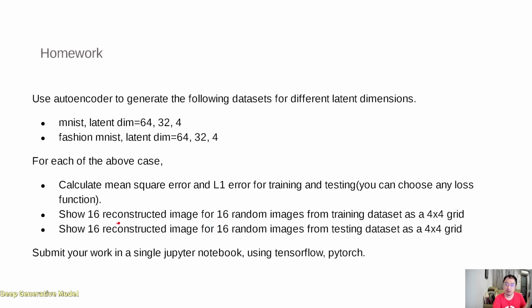So I need you to show the result images. Show the reconstruction images for 16 random images from the training dataset. You can put them in a 4x4 grid. There are actually 6 settings, so you do this 6 times.